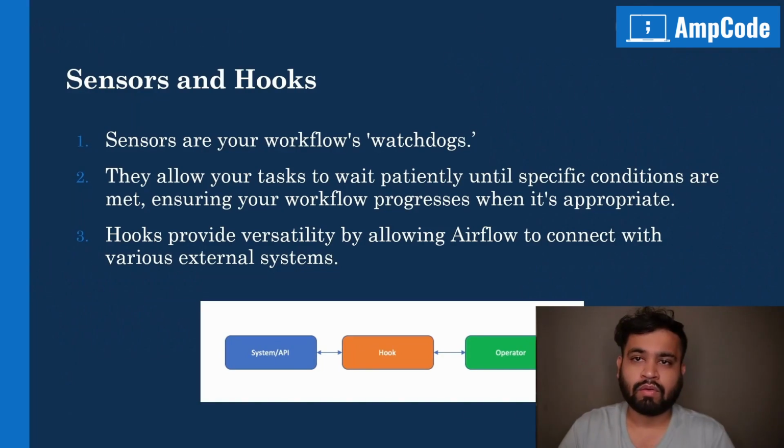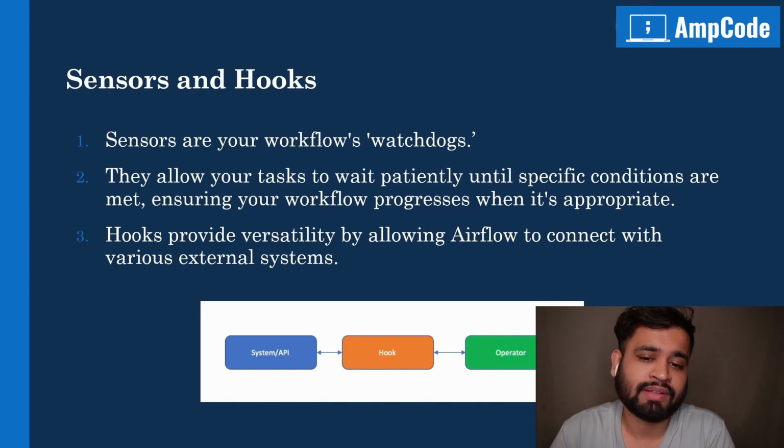If you are good at shell scripting, it will open up vast possibilities for interacting with external systems or scripts. It totally depends on which one you are more comfortable with. Each has its unique strength, which we are going to see in detail in the upcoming videos. But both Python operators and bash operators give us versatile options for creating the operators for your tasks.